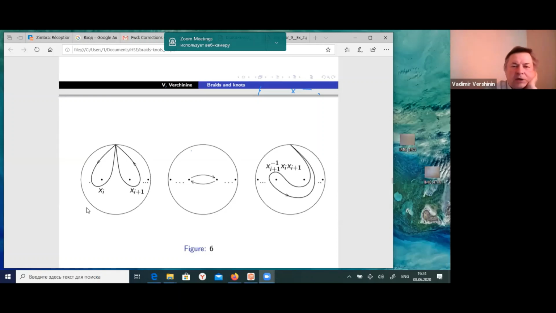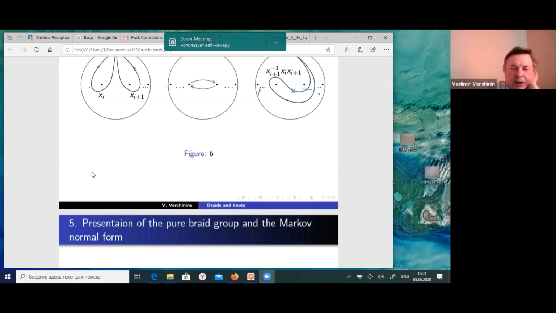So now consider what the mapping class group is. Consider a disk with n punctures, and you consider homeomorphisms of this disk to itself, all the homeomorphisms, and then up to isotopy.